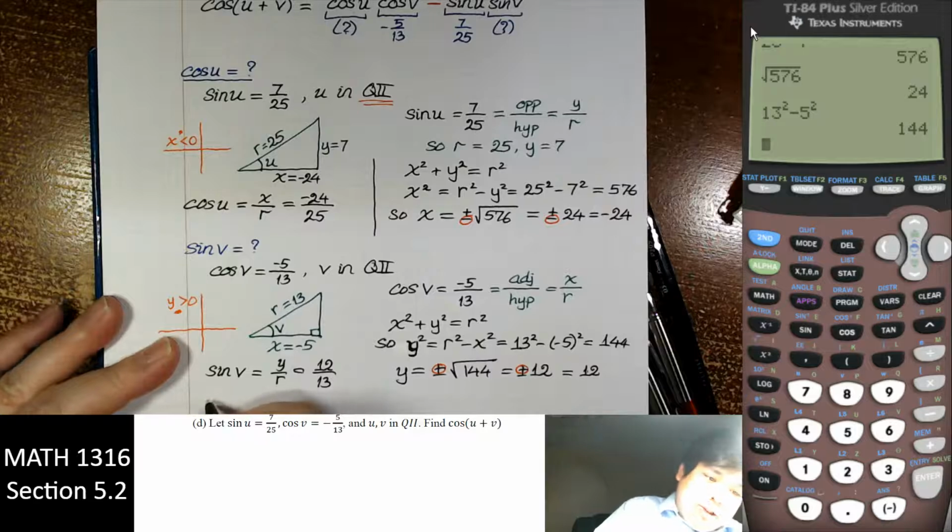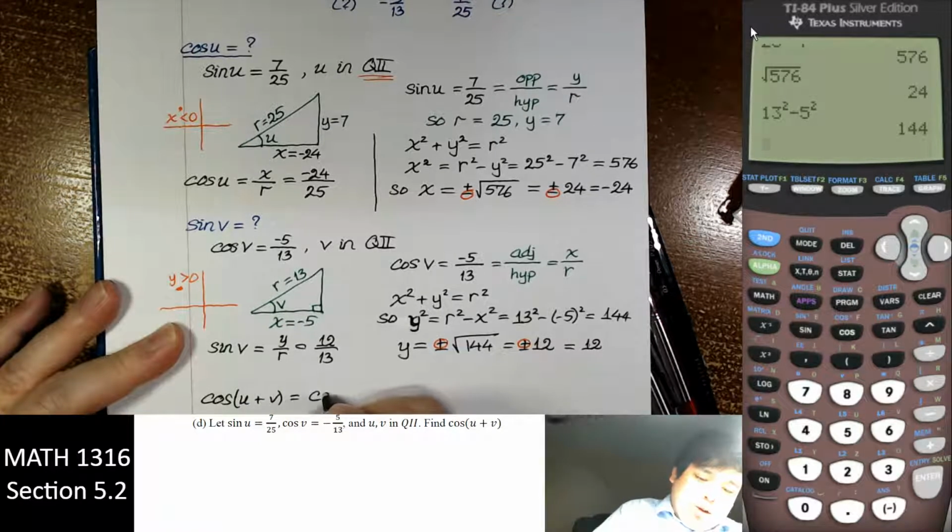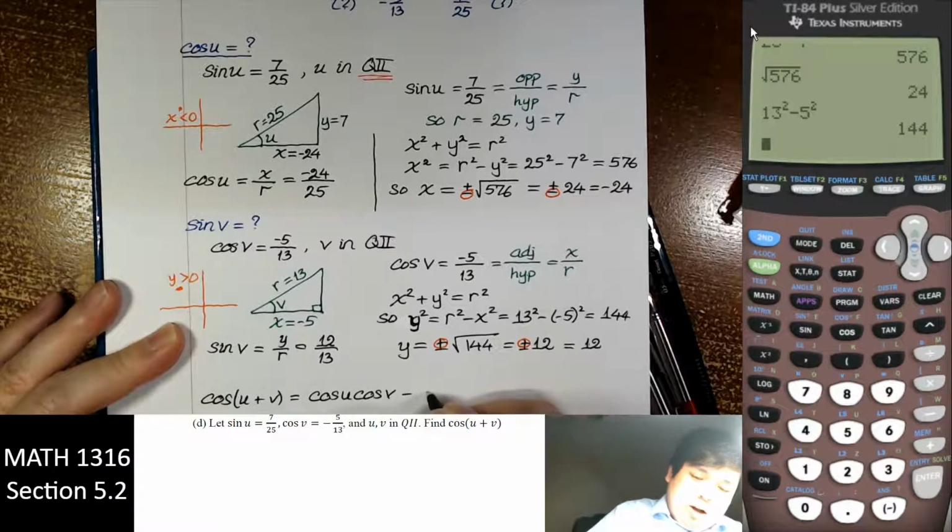Right, and finally cosine of u plus v, cosine of u, cosine of v minus sine of u, sine of v.